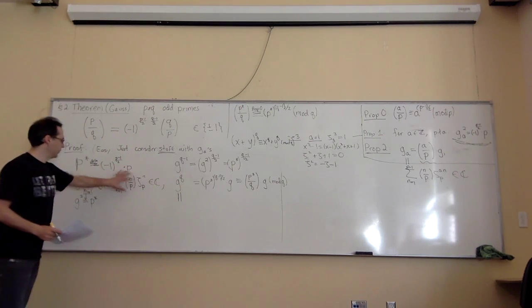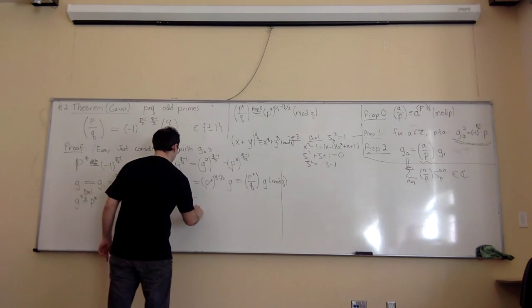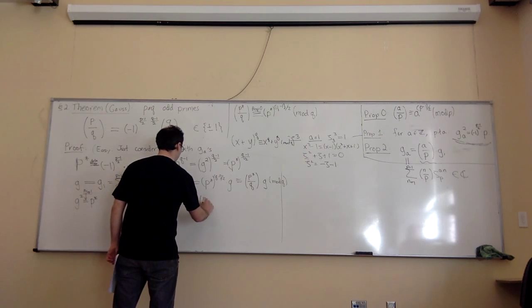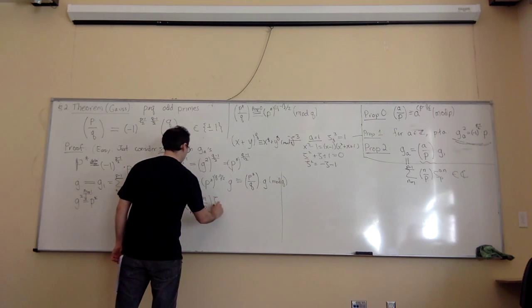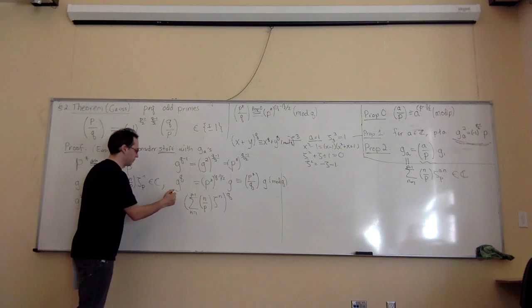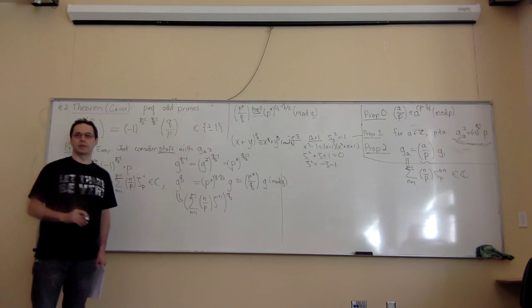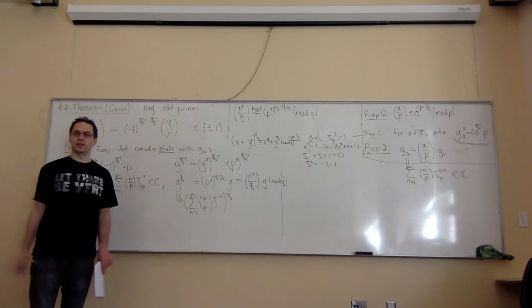I'm just going to take g to the q. G is this sum, so I'll take this sum, n equals 1 to p minus 1 of (n on p) zeta to the n, whole quantity raised to the power of q. That is just the definition of g. But I'm going to expand it all out, reducing everything modulo q as I go.